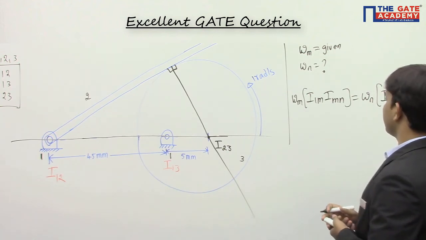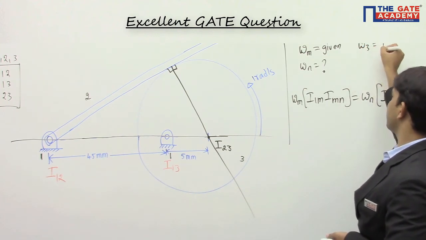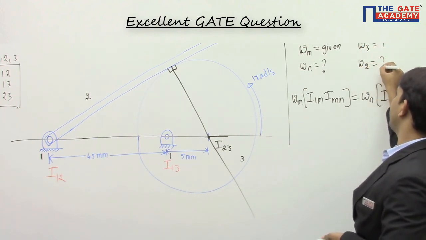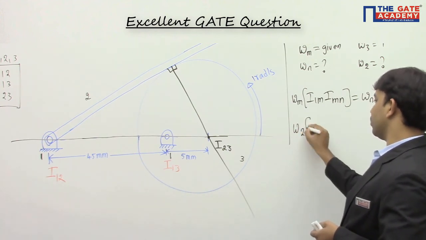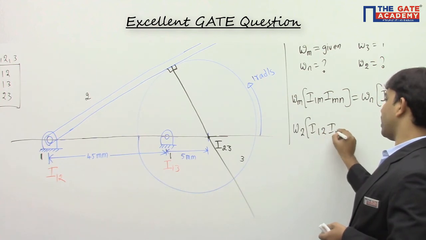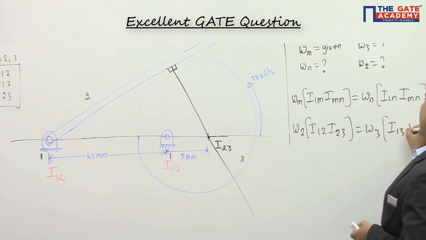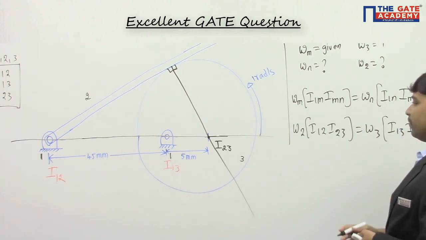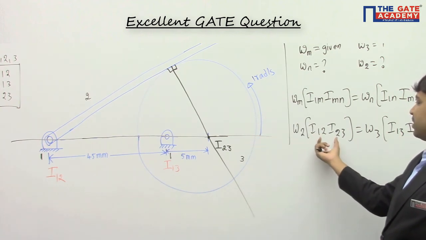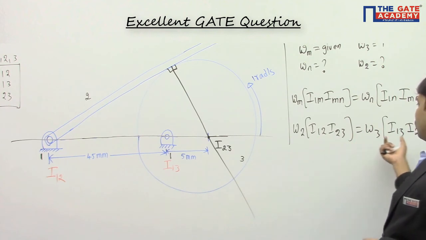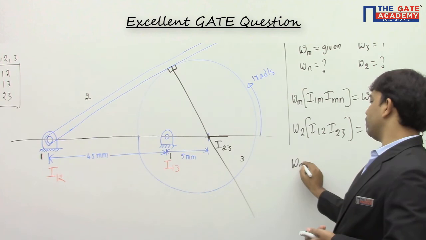And from there we get this. So here in the question the angular velocity of link 3 is given. It's given as 1 radian per second. And we are asked to find the angular velocity of link number 2. I can write it like this: omega 2 into distance between I12 and I23 is omega 3 into distance between I13 and I23. Since we have already located these instantaneous centers, I can find the distances.